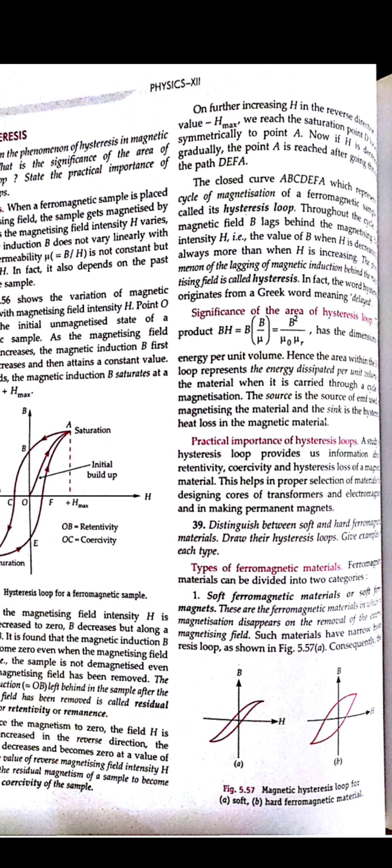Soft is soft iron, and the hard materials are alnico and steel. We can define soft iron or a soft ferromagnetic material as one which will be completely demagnetized on the removal of the external magnetic field.